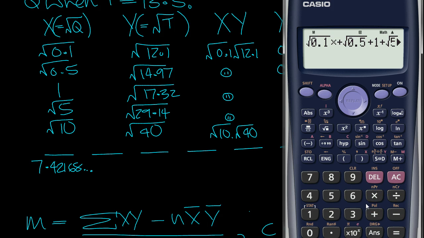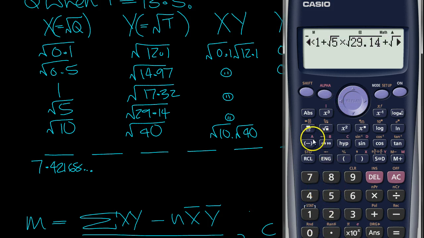Times square root of 12.1 plus this times square root 14.97 plus 1 times the square root of 17.32 times 1 plus root 5 times root 29.14 outside the square root plus root 10 times root 40.